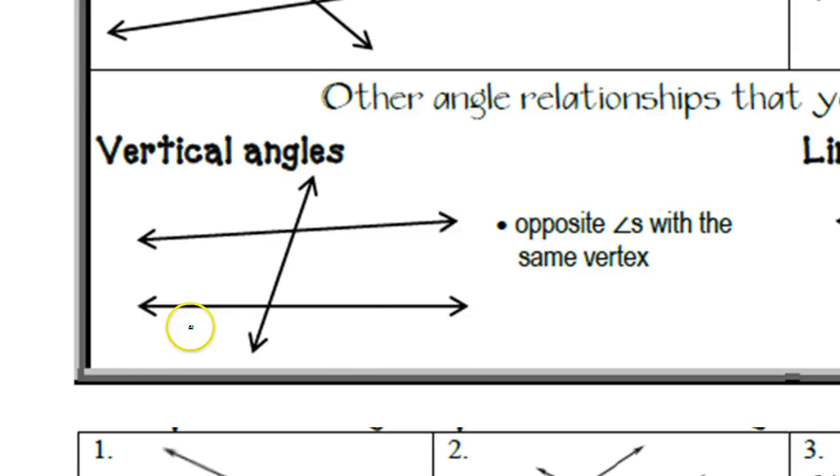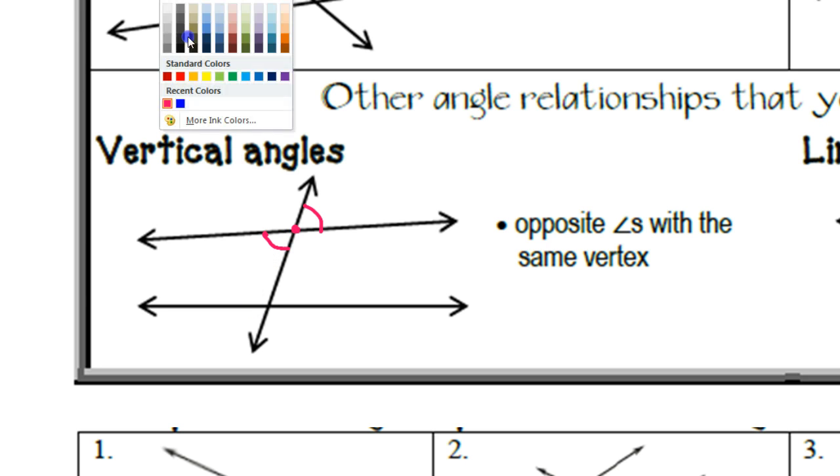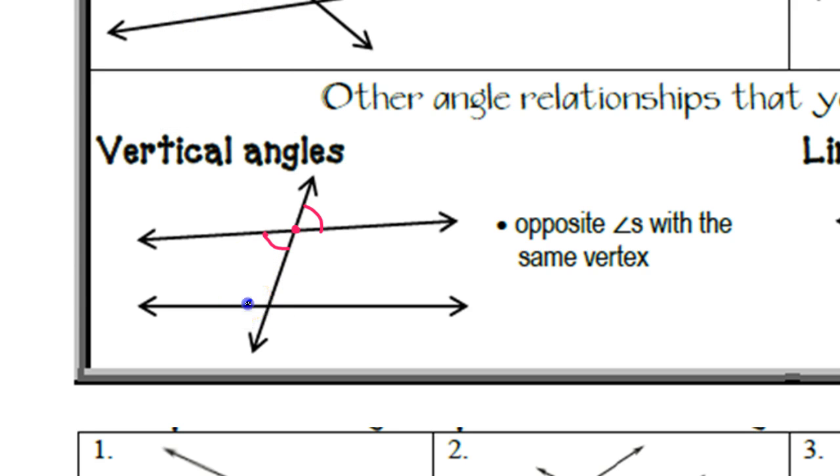What else do we have? Vertical angles, we've talked about that before. When these lines intersect, these angles that share a common vertex are vertical angles. And it has to be straight lines intersecting that will create these vertical angles. There's another pair down here. I'll change colors to show that it's a different situation.